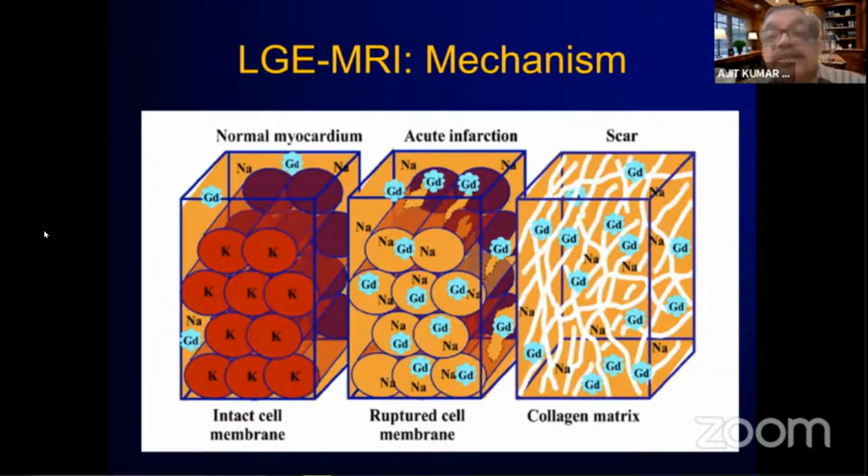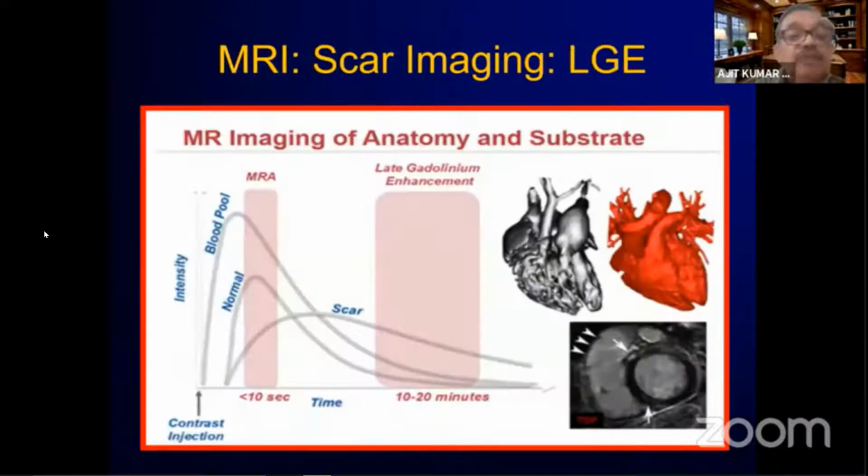While in a scar, there is increased extracellular space, and the scar makes it persistent for a much longer time. So in fact, following a contrast injection of the gadolinium, the contrast diffuses much more slowly from the scar as compared to a normal washout, which happens much earlier.